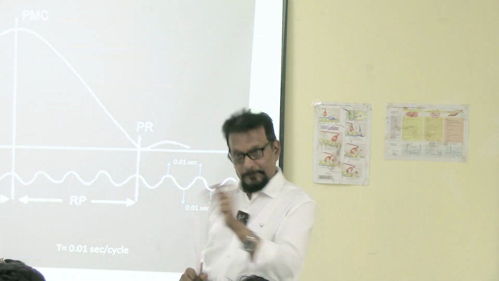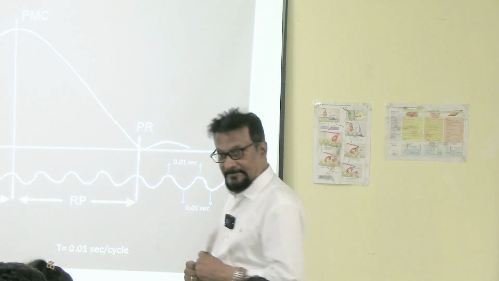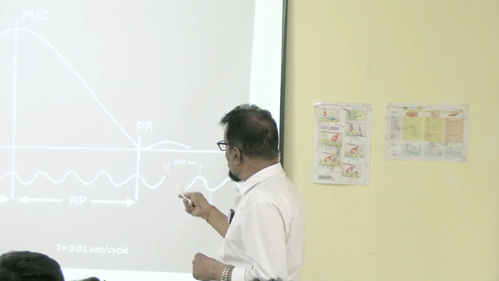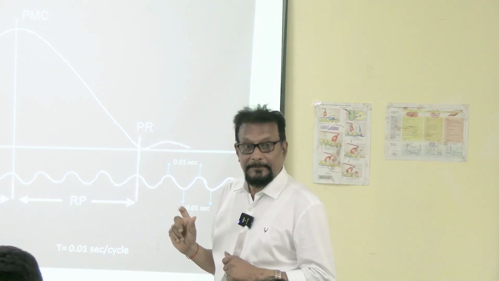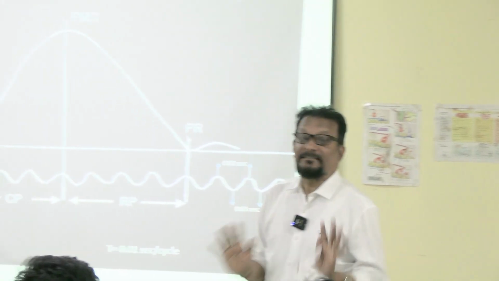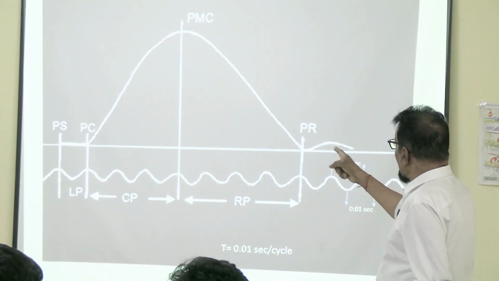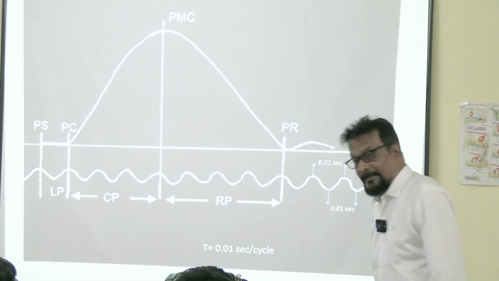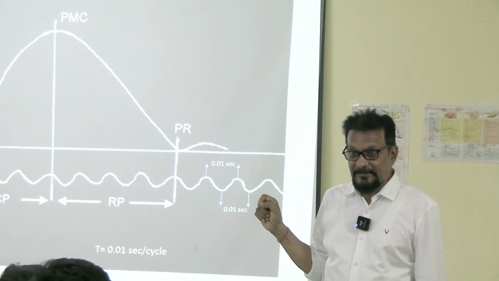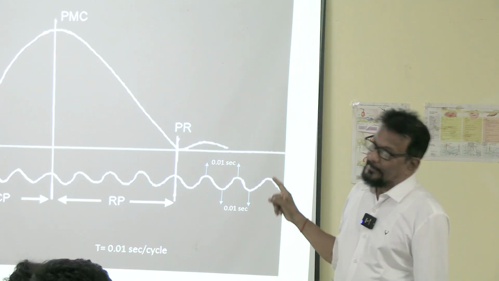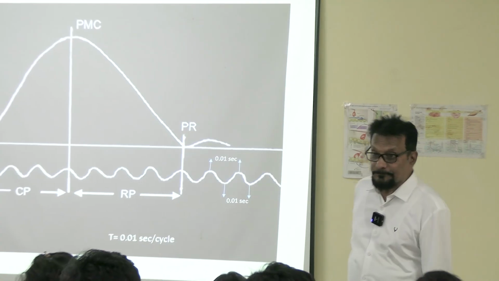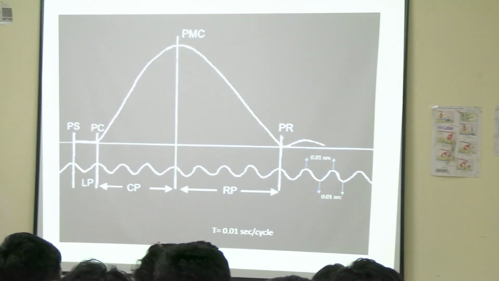Why this latency? Sir will explain. So just wait. PS to PC is the latent period. Then, what is the next period? Period of contraction. It starts from PC and ends at PMC. How much time did it take for contraction?